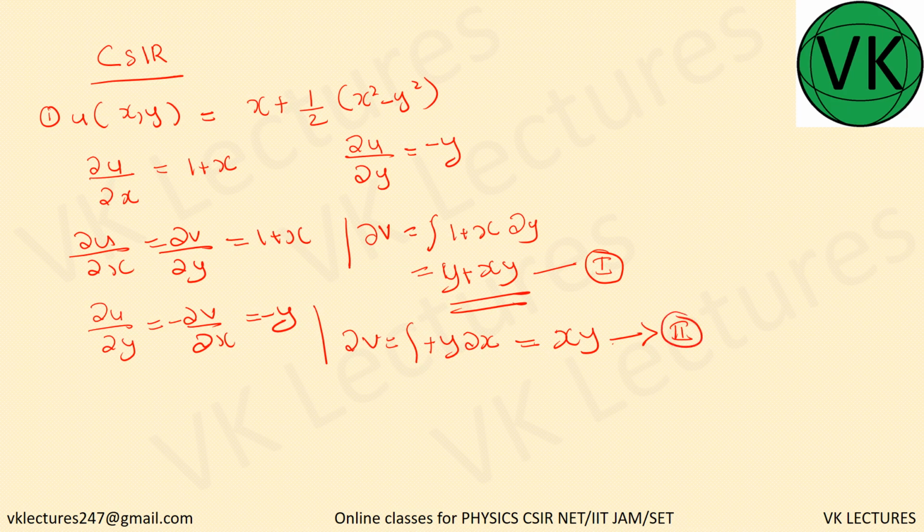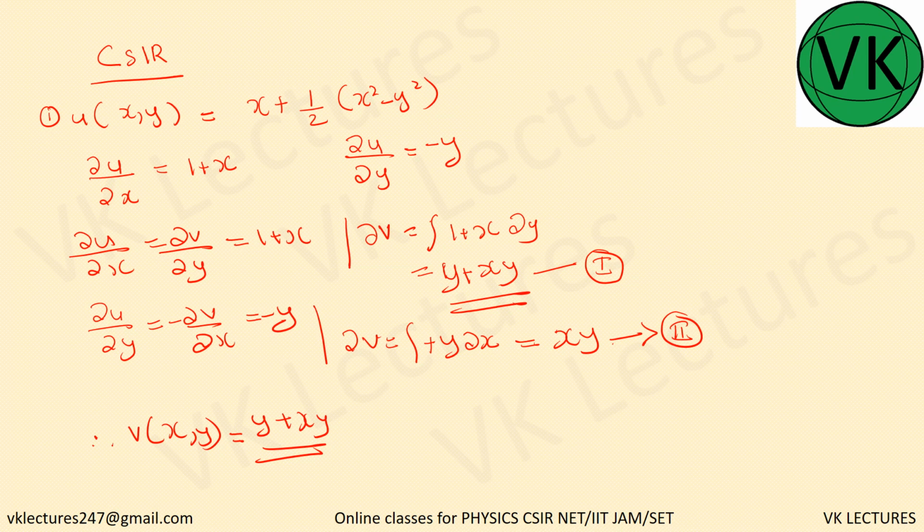Here we got entirely different answers, so we need to add up both integration parts to get v of xy. So the answer, therefore, v of xy is equal to y plus xy, and xy is repeated, so we only need to take y plus xy.